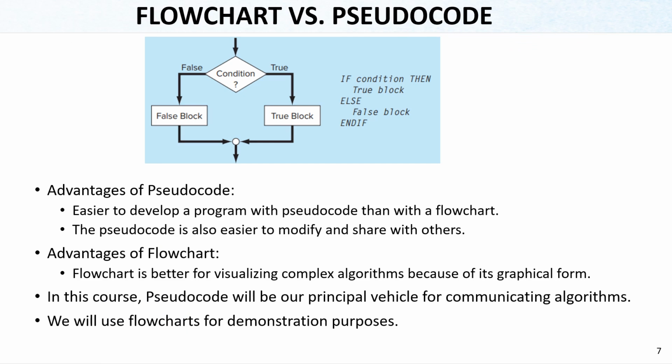So as we said earlier, both the flowcharts and pseudocodes are demonstration ways of algorithms, and let's compare them over here. For example, on the left hand side, you can see a flowchart with a condition. If it is false, it goes to a block. If it is true, it goes to another block, and in the end, it finishes.